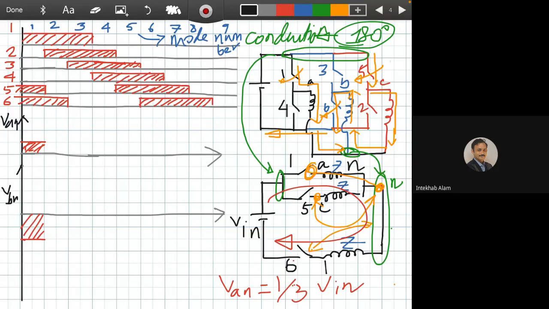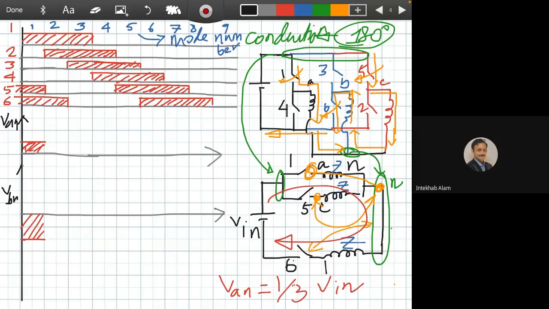So in the second mode, what will be the circuit? Which switches are on? Sir, 1, 2 and 6. Good. In the second mode, 1, 2 and 6 are on, so the circuit will be a little bit different. Sir, we are not taking CN, we took AN and BN. We can take CN, but first, since the space is not so large, from the very beginning we will understand only AN and BN, and then we will find AB.